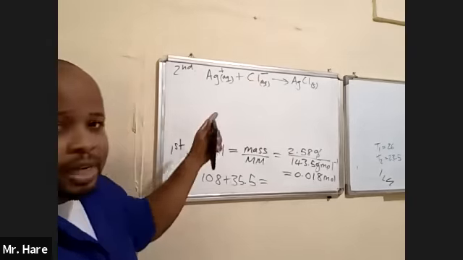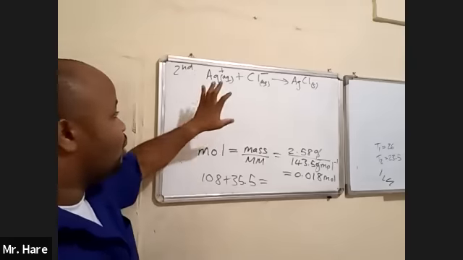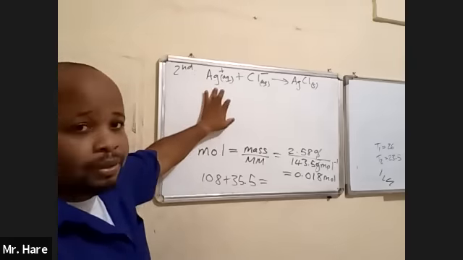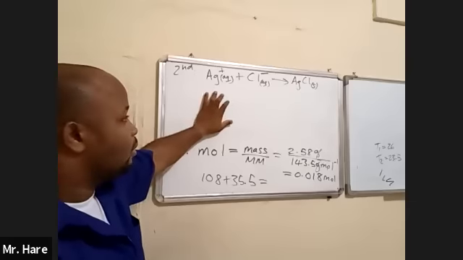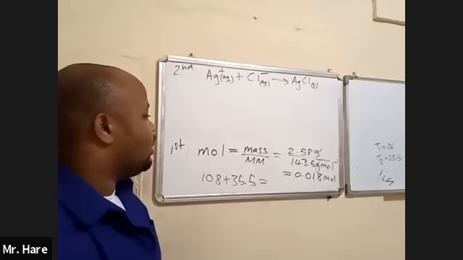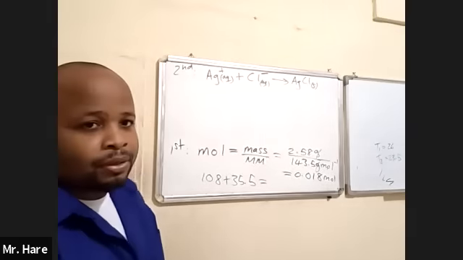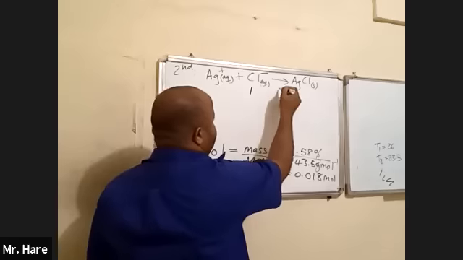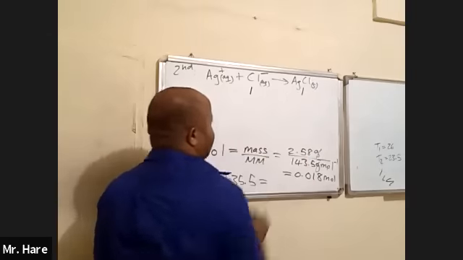So based on this equation, first of all, is the equation balanced? Yes, sir. So what is the mole ratio? 1 to 1. So 1 mole of chloride ion to 1 mole of silver chloride.